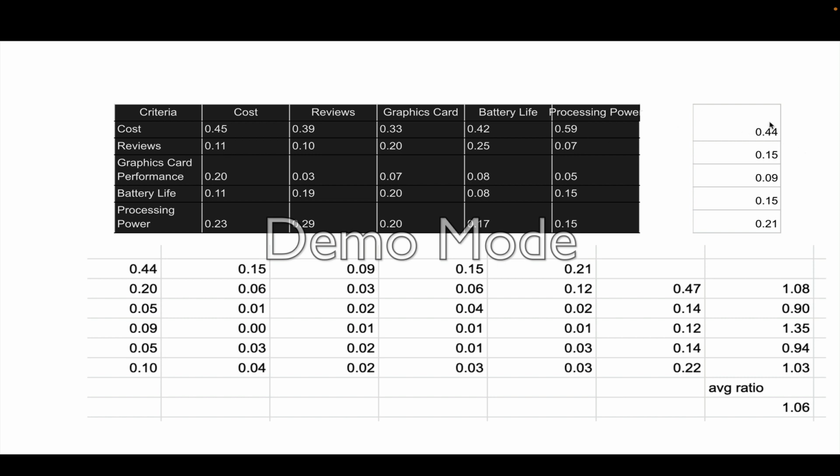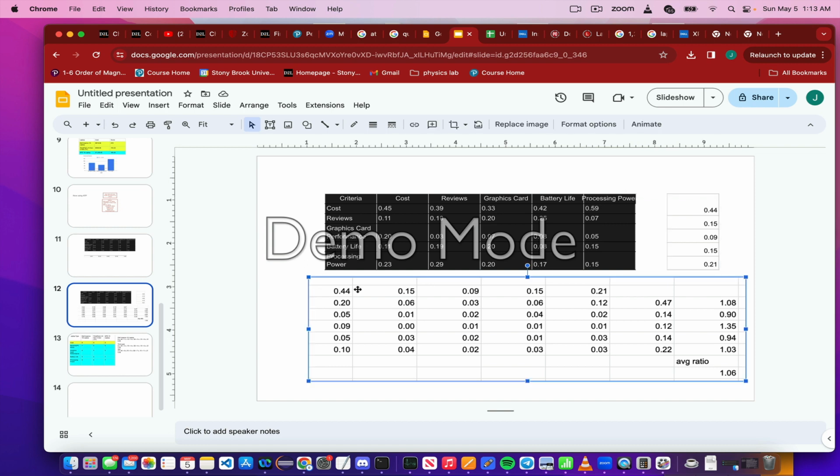Okay, so to the right of this here, you can see I have all these averages of the rows. And then underneath, I set the averages of the rows to the top of each, just so I can see what's going on. And I divided, so I sum all these rows here, then take each of these values and put them at the top over here.